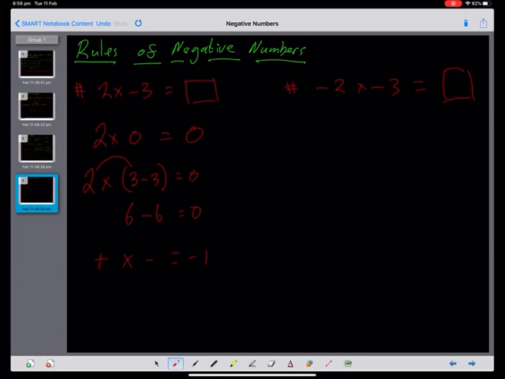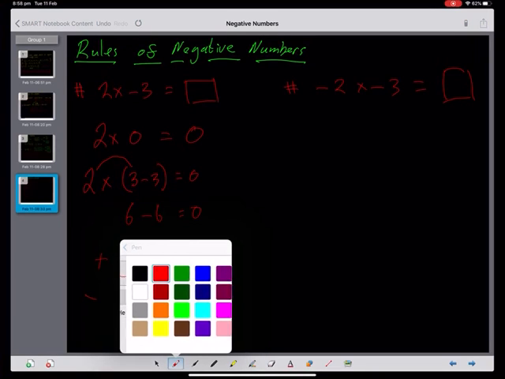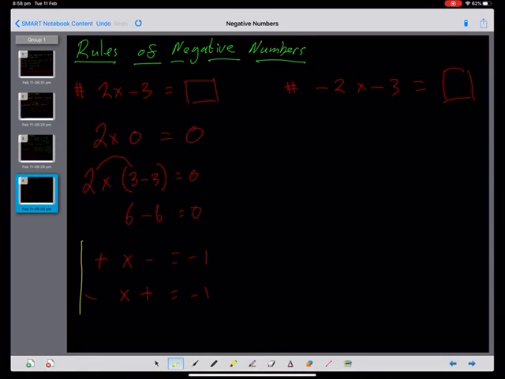It doesn't matter which order you do it. So we can say that a negative times a positive is also a negative. Okay, so I'm just going to put those in a little box. Okay, so let's imagine we don't know what a negative multiplied by a negative is.